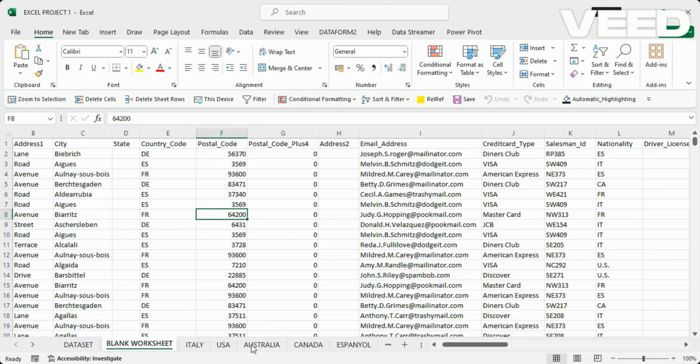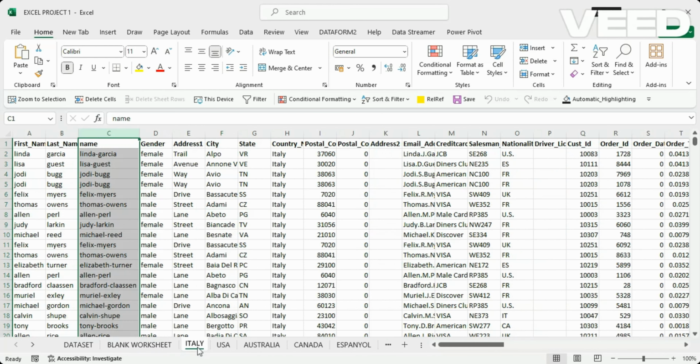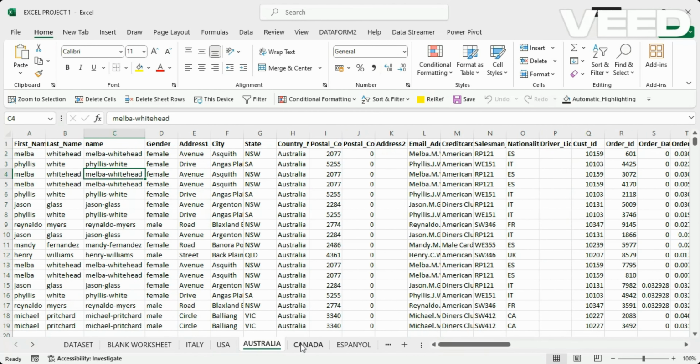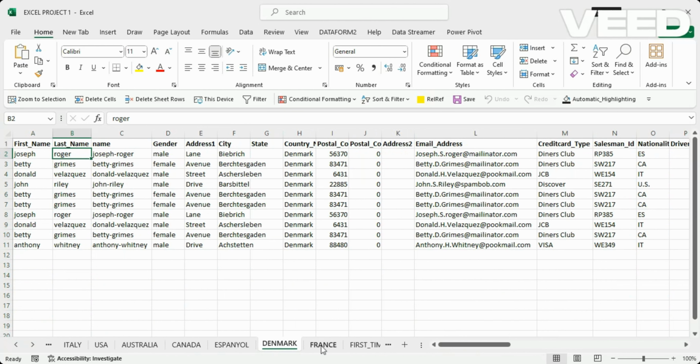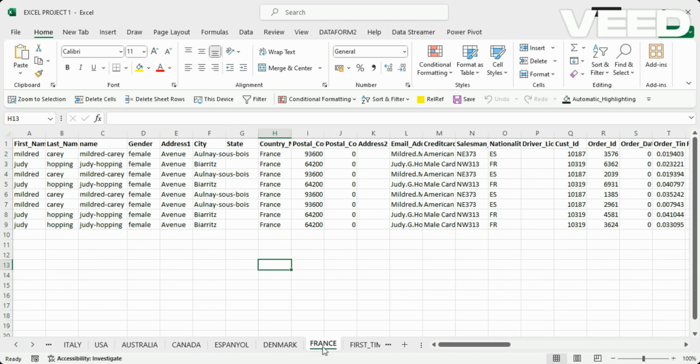So very good. And then I expect us to have a worksheet for Italy, USA, Australia, Canada, Español, Denmark, France. So these are the worksheets for each of the country, that is the data for each country.